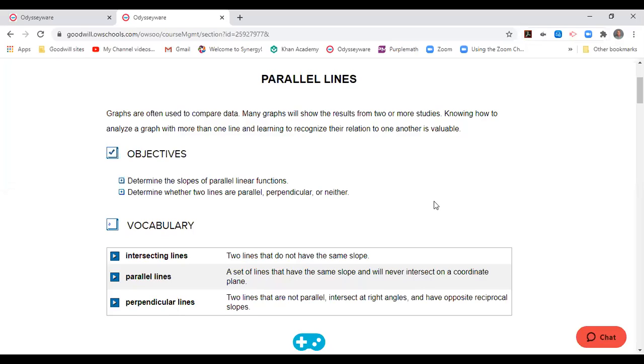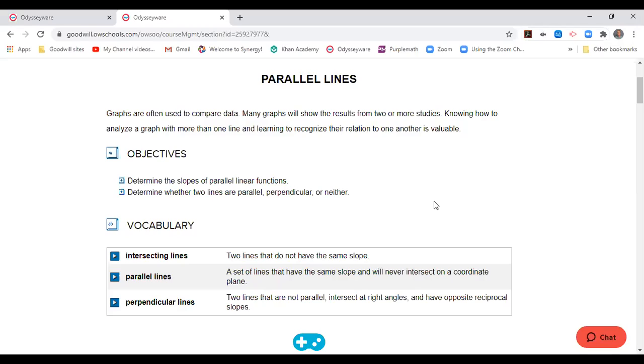All right. First things first, of course, Odyssey Ware's got to give us some vocabulary. Parallel lines are lines that have the same slope and never intersect.